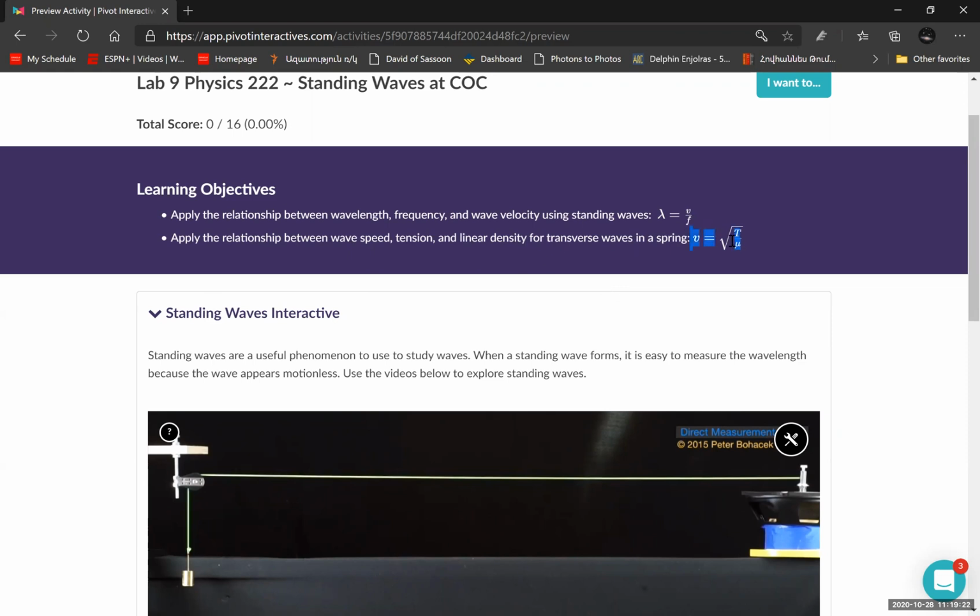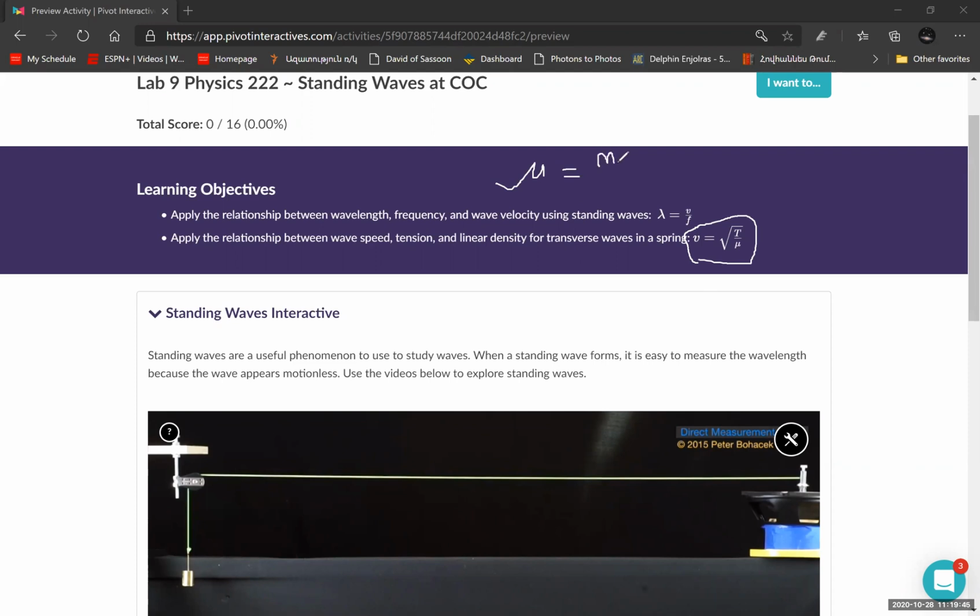So the second equation here is specifically only for the string. Because there's a mu, which is called the linear mass density.